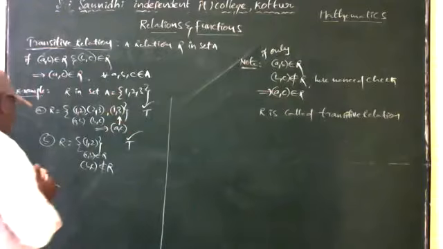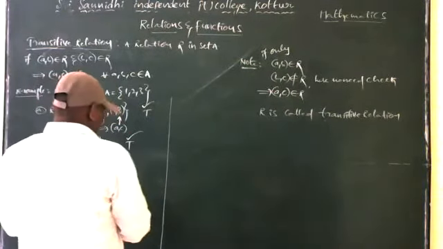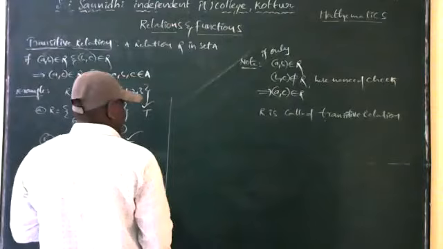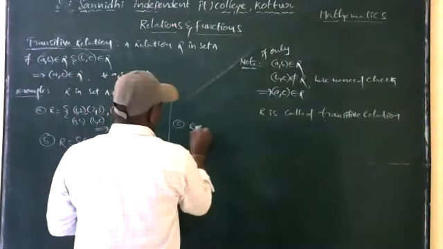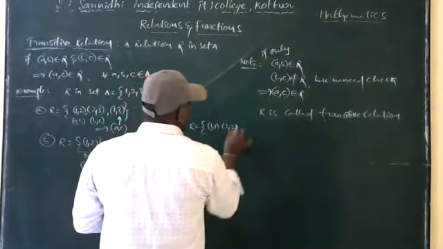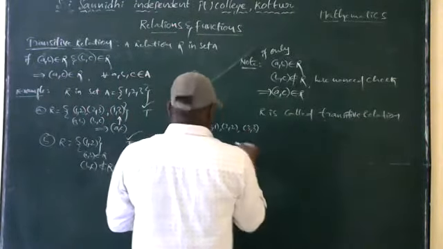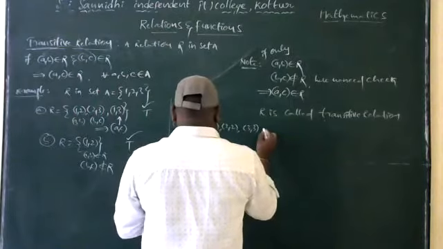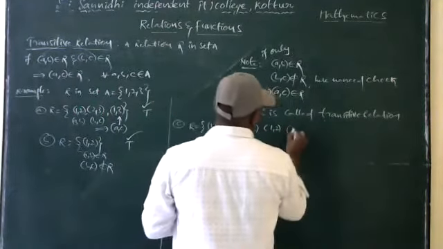See some examples here. For example, we take some ordered pairs. One example: capital R is equal to 1 1, 2 2, 3 3, 1 2, 2 3.